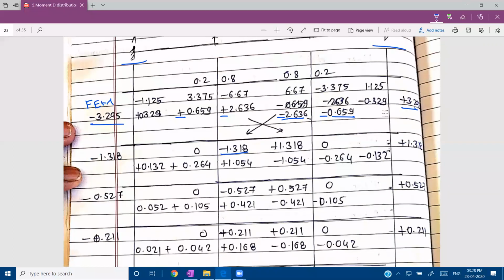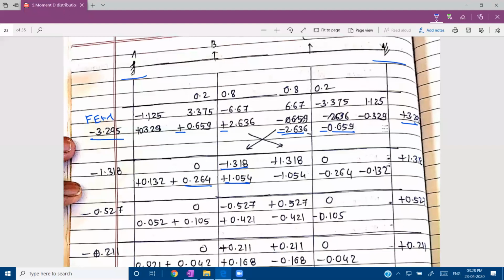Now if you calculate the unbalanced moment here, it is going to be minus 1.318, and after multiplying with the distribution factor, you get these two corrections here. But in this case you can observe for support B, for member BA, A is the fixed support.